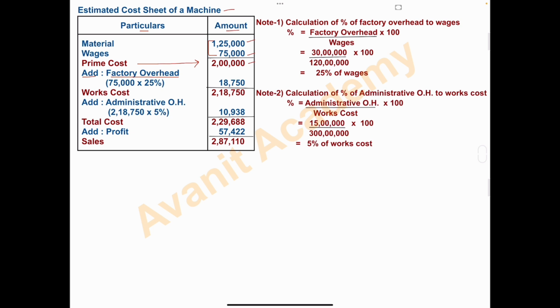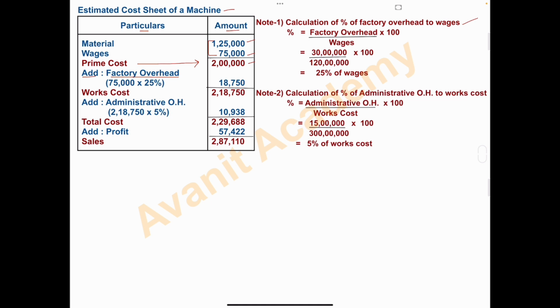To calculate the factory overhead amount, we have to prepare this note. The formula is percentage is equal to factory overhead divided by wages into 100. All these formulas we have already discussed in the previous videos.